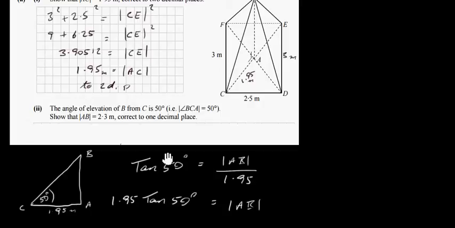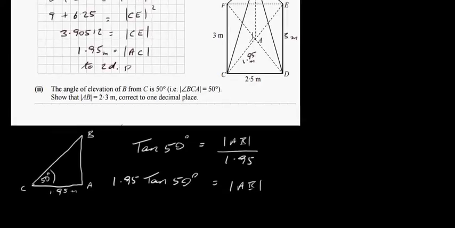So if we do that, we get the distance AB is equal to 2.3 meters. And again, that's two decimal places. Okay, so that's it.